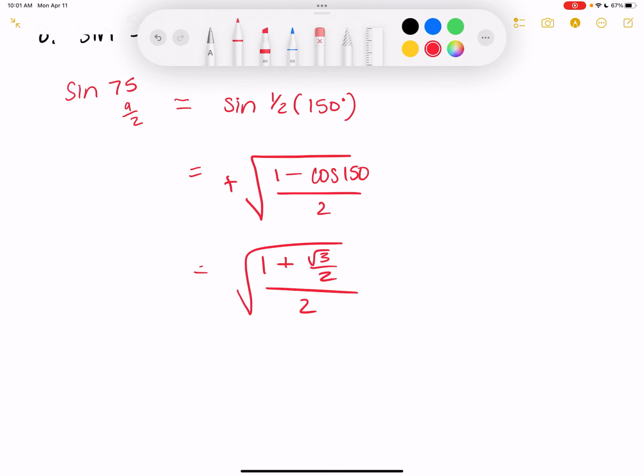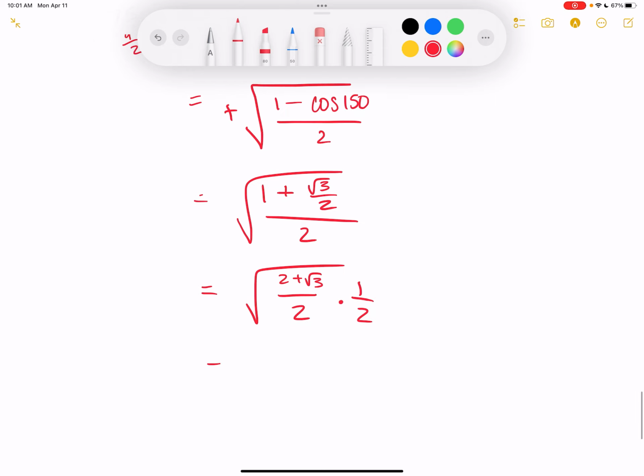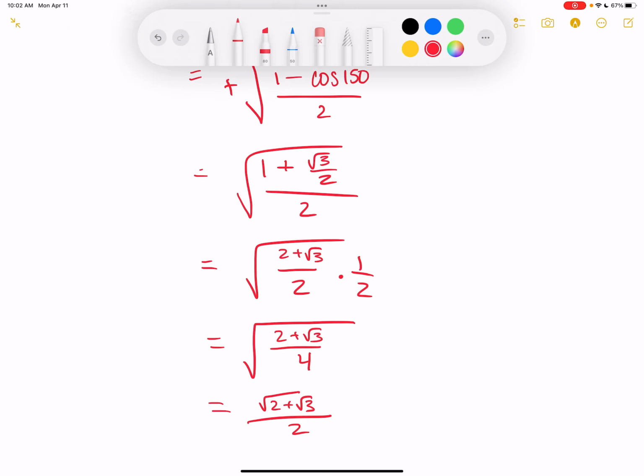So then that common denominator on top is going to give me 2 plus square root of 3 over 2. And just to save myself a step, I'm dividing by 2, so I'm going to go ahead and multiply by 1/2. So then 2 plus root 3 over 4. So then that gives me the square root of 2 plus the square root of 3, and then the square root of 4 is 2. And so then that would be my answer.